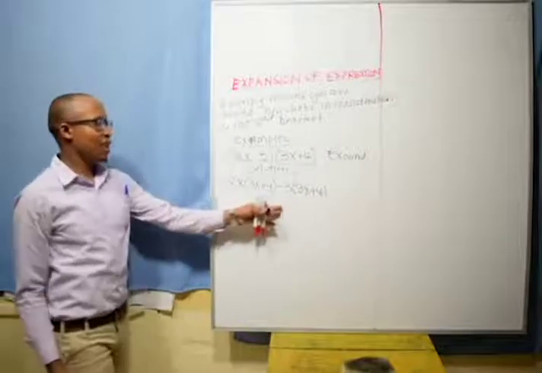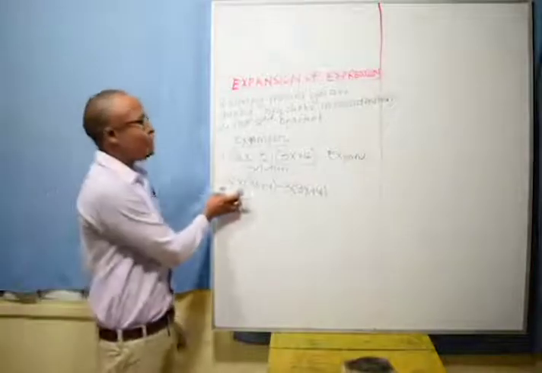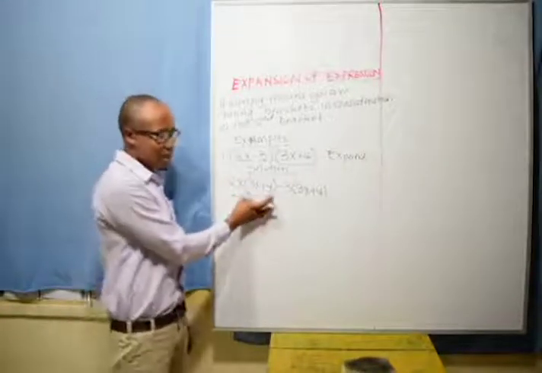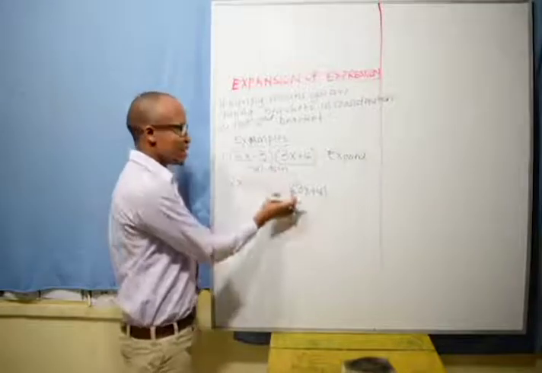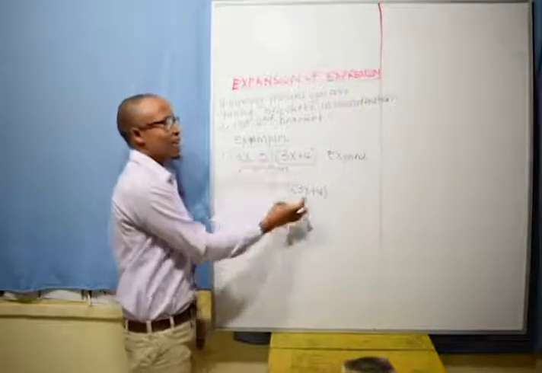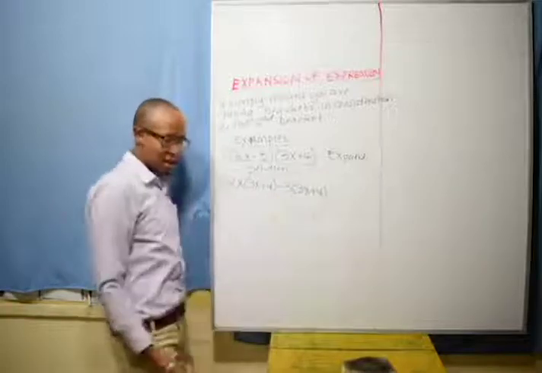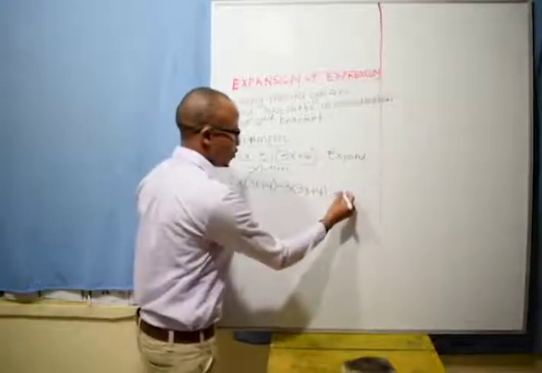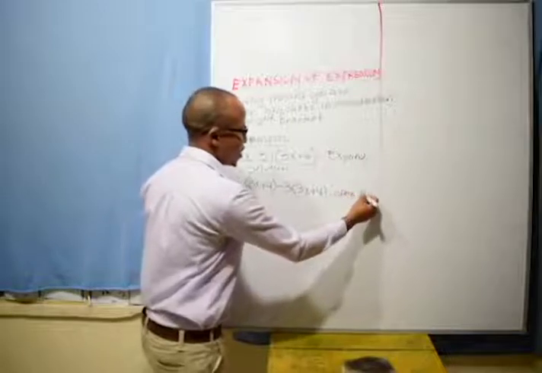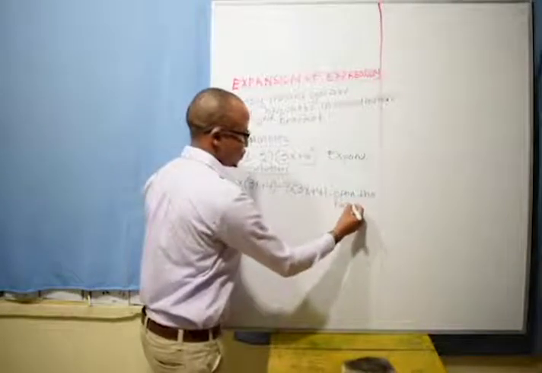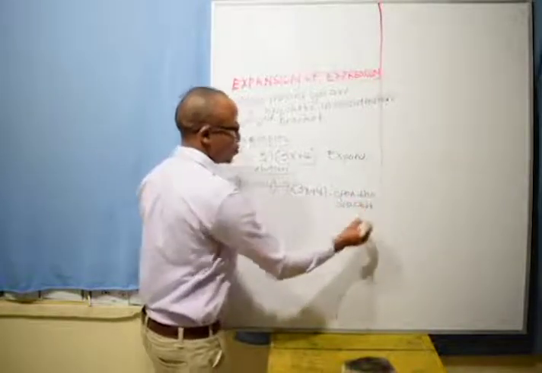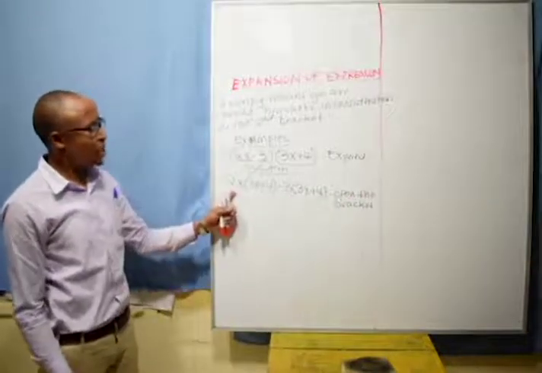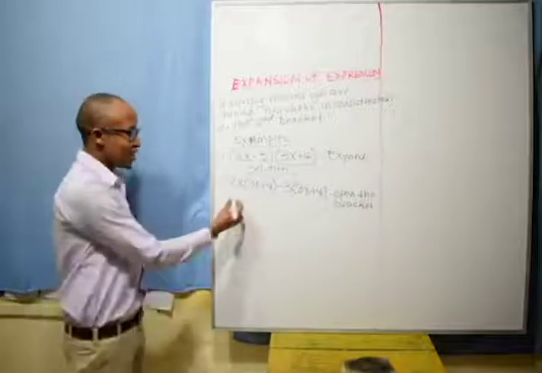So you are considering each term in the first bracket, and then you multiply it by the second bracket. And then you open up the bracket.